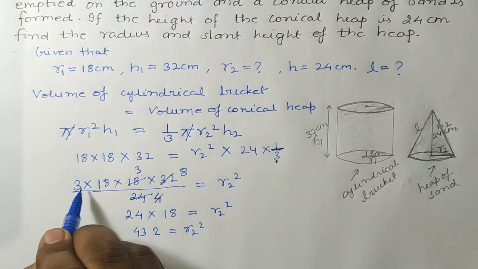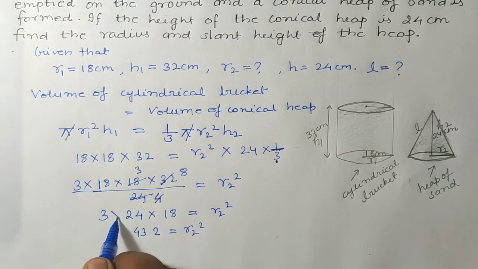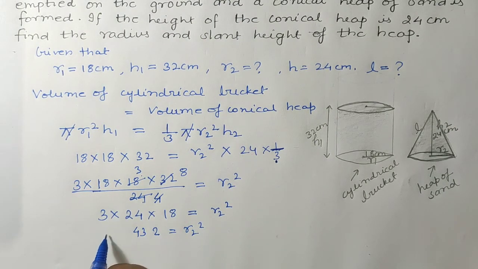So here it is 3 into 18, so here also it will be 3 into 24, and here also it is 3 into 432. Now students, if you multiply it, 432 into 3, you will get 1296 is equal to R2 square.